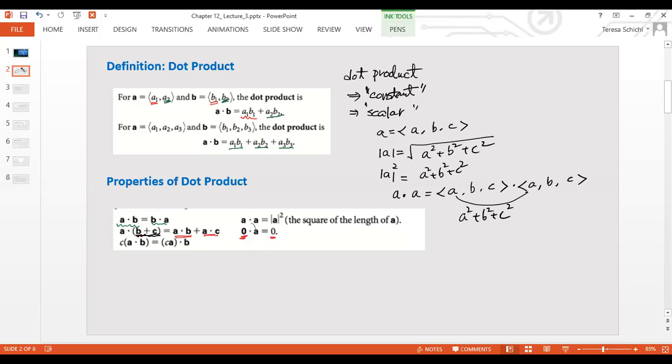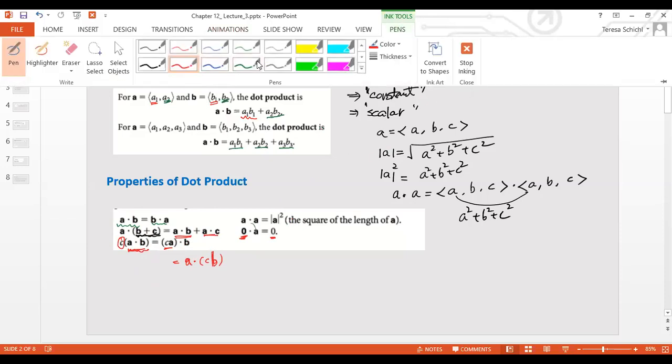The last one makes sense too: if you have a scalar constant C times A dot B, we know A dot B comes out as a constant, so you can write it as CA dot B, or A dot CB, where A and B are vectors and C is the constant. Those properties are pretty straightforward.